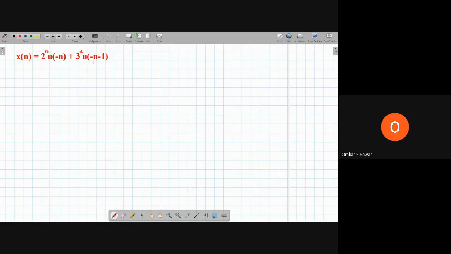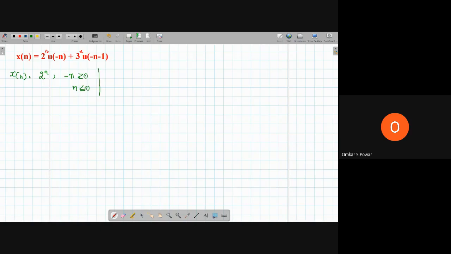So first thing we should write is the mathematical expression. So x of n is equal to 2 to the power of n for minus n greater than or equal to 0, or you can write n is less than or equal to 0.